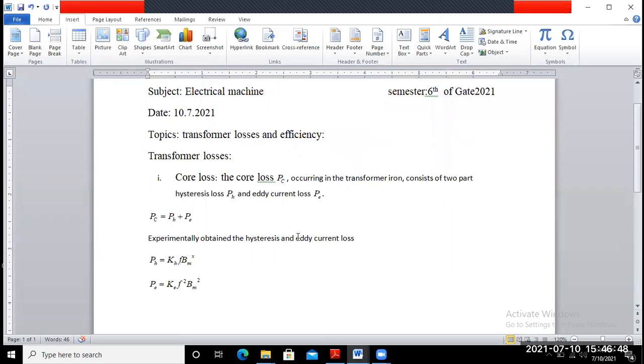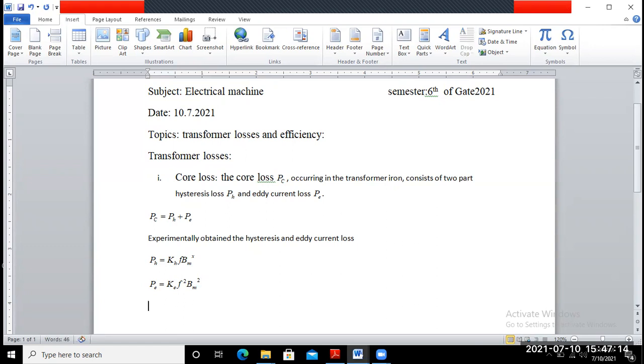Where kh is the proportionality constant, which depends upon the volume and quality of the core material and the unit used. So this kh depends on the volume of the core and the quality of the core material.